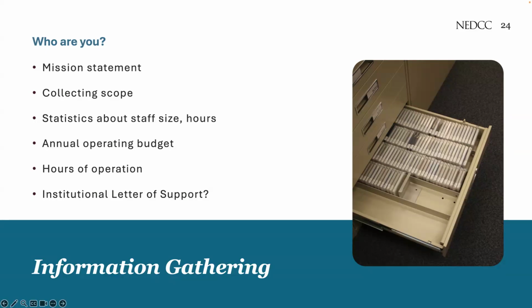So to start, get a hold of your institution's mission statement. Most of us can describe our institution's basic mission, but A, you might need the actual mission statement for your grant narrative. That's common. And B, reading it over can remind you of where you're coming from in your proposed project. For some grants, like Recordings at Risk, you will need a letter of institutional support for your project.